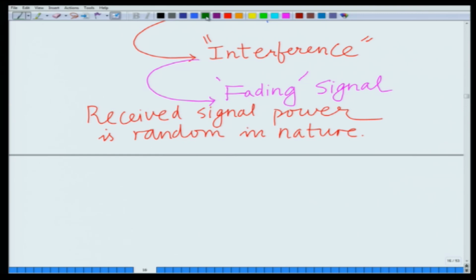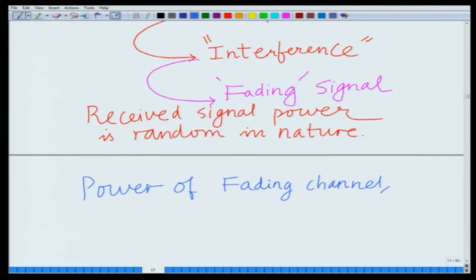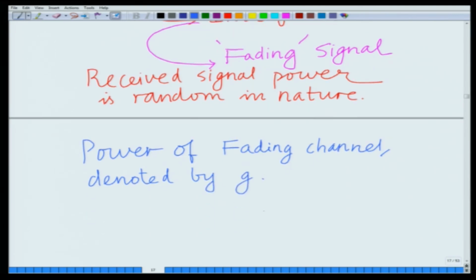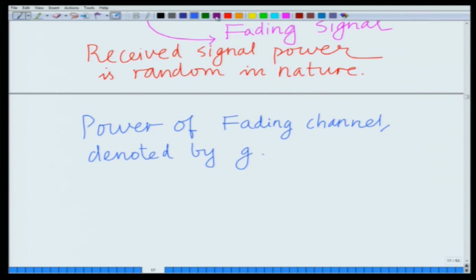Therefore, the fading power, the power of the fading channel, which we denote by G, is characterized by the fading channel distribution.